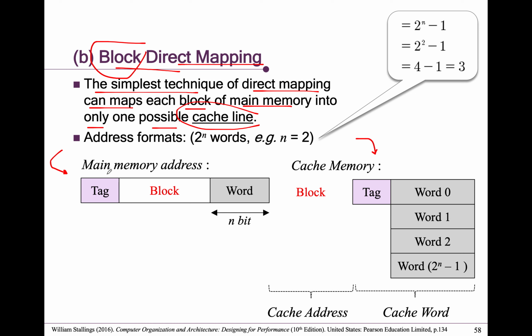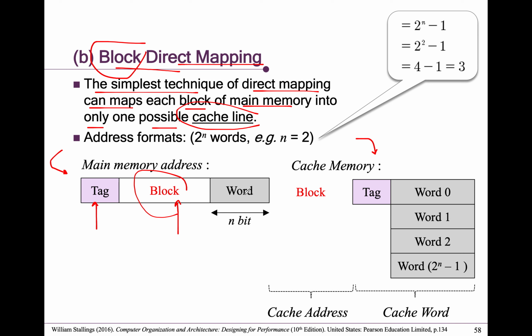And here is the standard format for main memory address and also cache memory address. Now you can see we have tag and we have block over here. This is new; previously you didn't have block, you had tag and also the content.